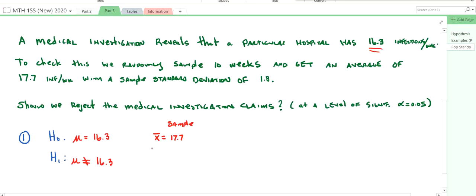X bar is 17.7, n equals 10. And our sigma, it's not sigma actually, sigma is the population standard deviation, it's s. Our s is, for our sample, 1.8.